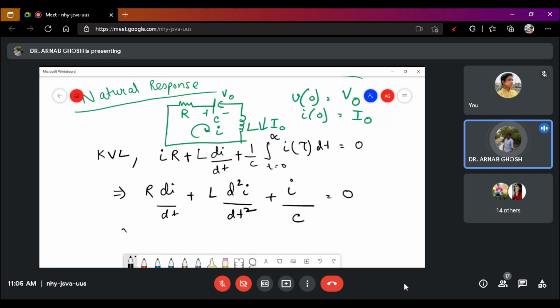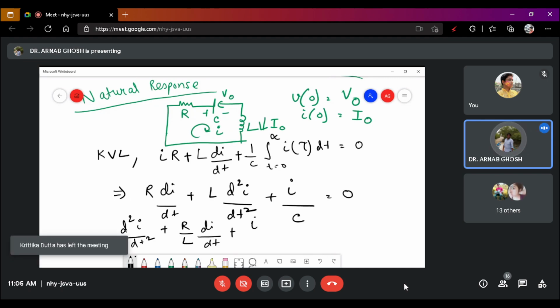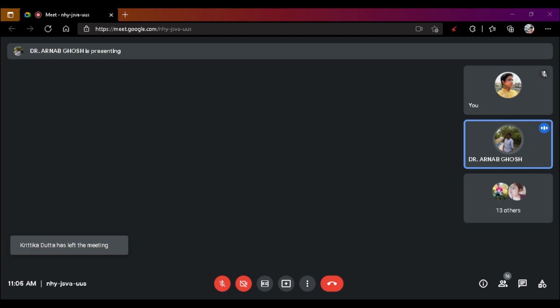So if you rewrite this, this will become d2I by dt square plus R by L di by dt plus I by LC, which is equal to 0. Right? Clear till now?